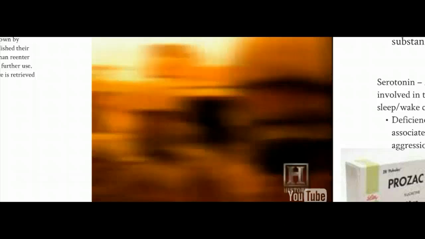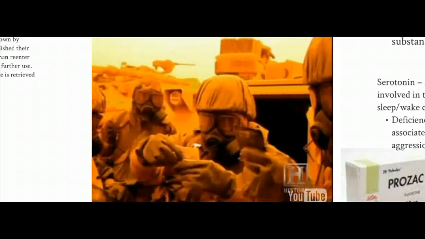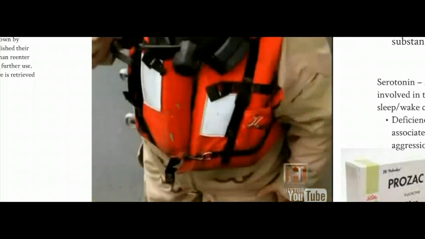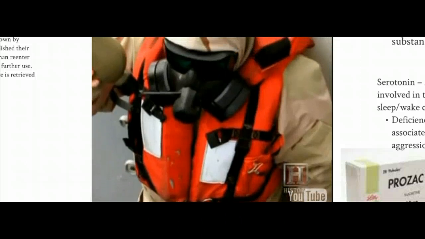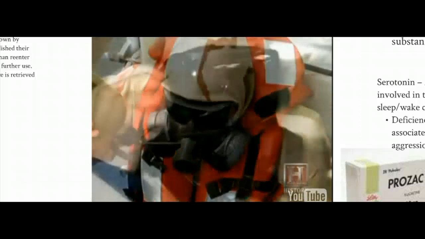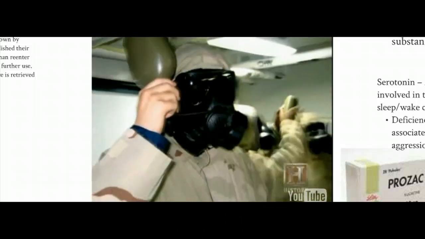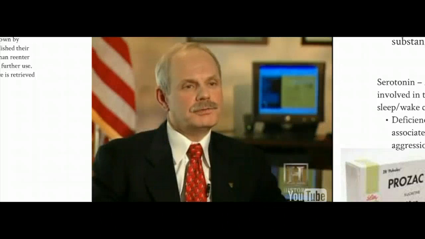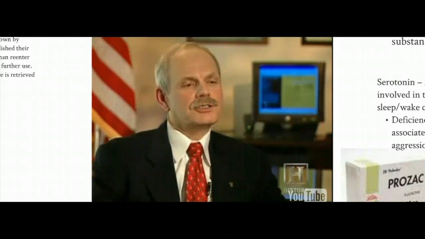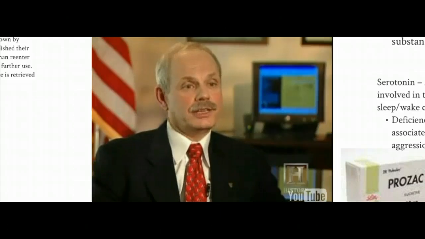We have the best protective force in the world, and each warfighter has all the protective equipment that he or she needs, the protective clothing and the protective mask. The masks will totally protect you against inhaling VX, and the chemical protective clothing is specially designed so that the VX can't penetrate it.